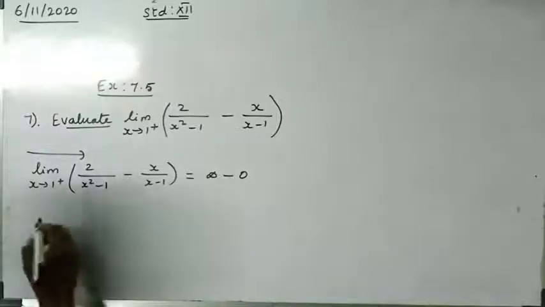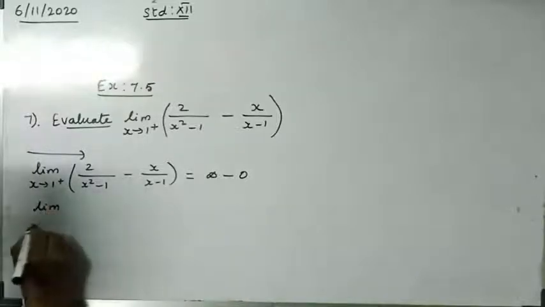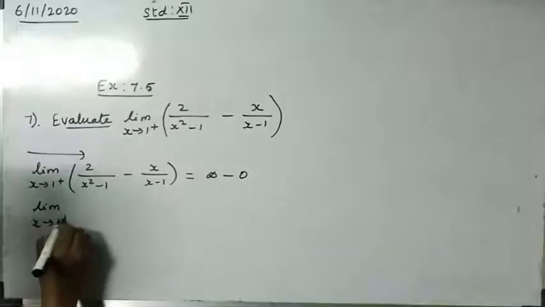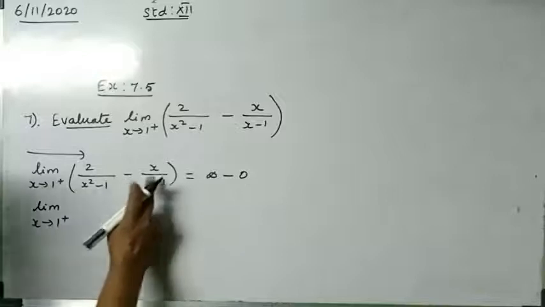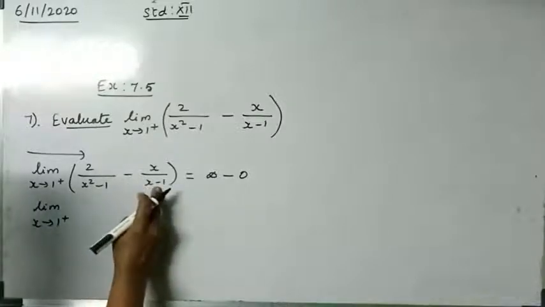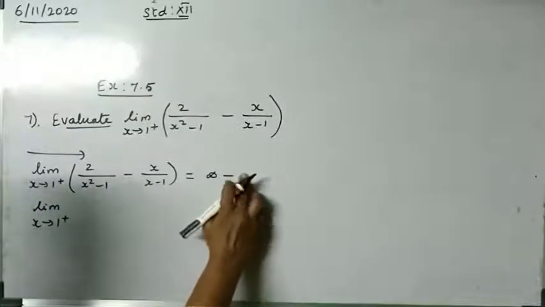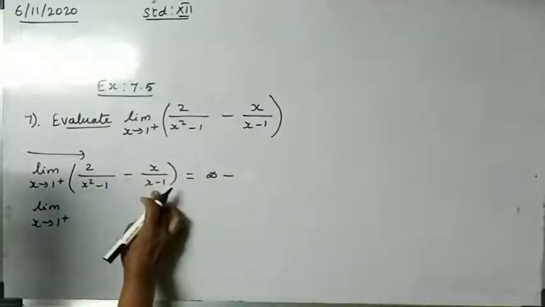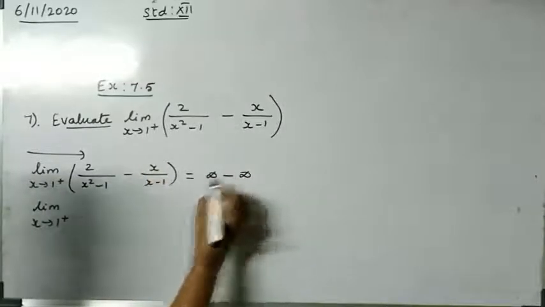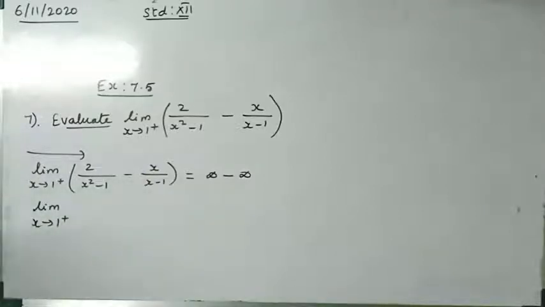So we want some arrangements here. Limit x tends to 1 plus. Here 1 minus 1 is 0, and 1 by 0 is infinity. Sorry, it is infinity minus infinity form.